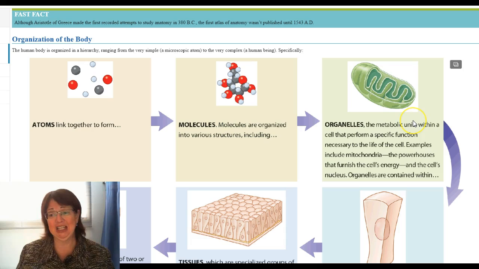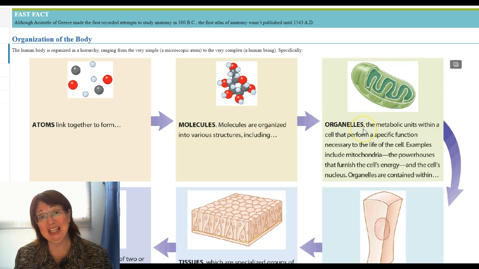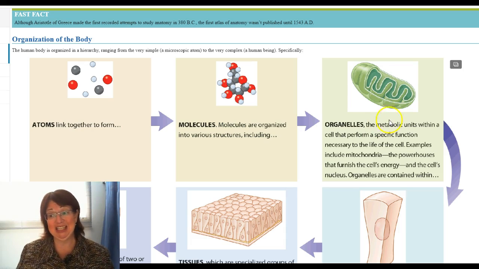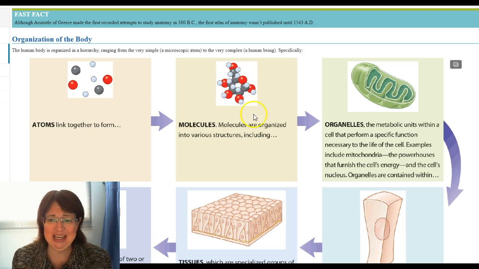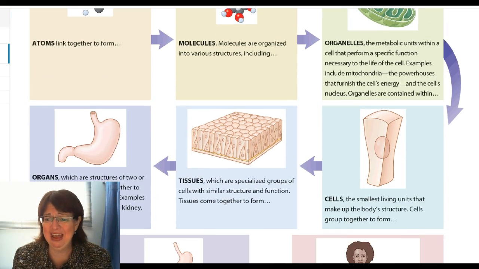Then an organelle. You've seen the word organ, but E-L-L-E means little. So an organelle is a little unit inside the cell. And these are the parts of the cells, which are the mitochondria, the nucleus, the ribosomes, stuff like that. Then when you put these organelles together, it always amazes me how you can take this matter, this unliving stuff, and put it together and you get a living cell.